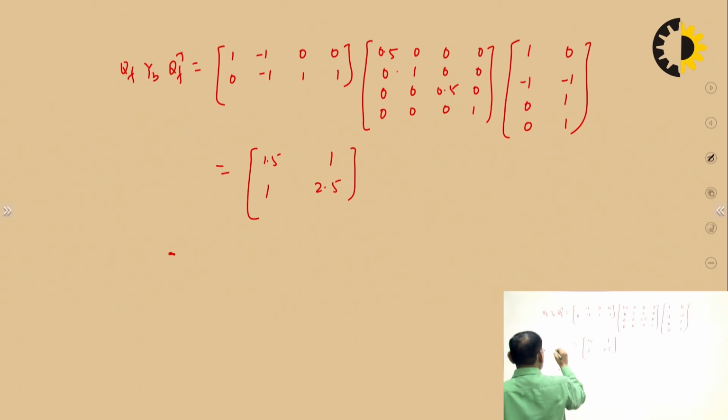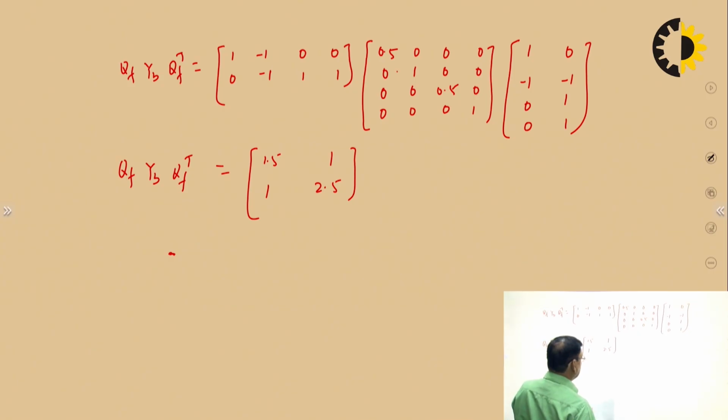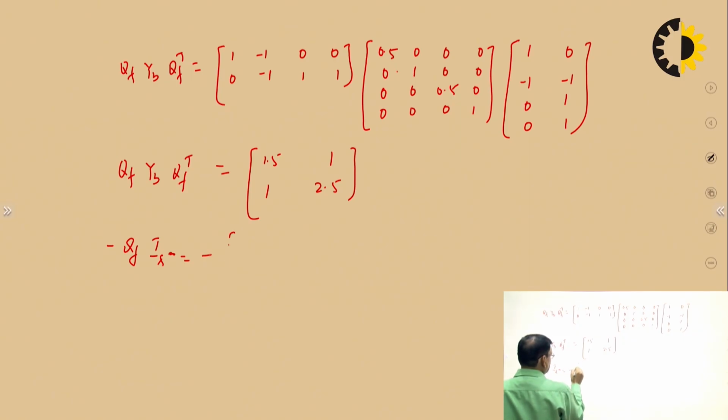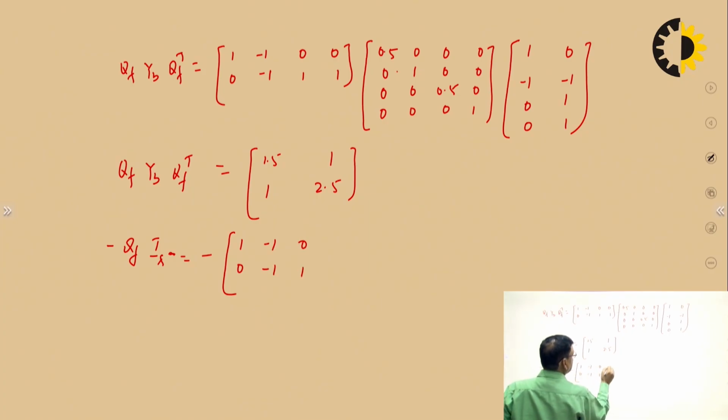So this is QF YB QF transpose. Now we have to get the other matrix, minus QF IS. So minus QF and IS. Minus QF is minus, then write 1 0 minus 1 minus 1, 0 1 0 1, and IS.